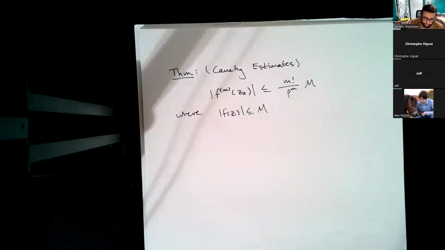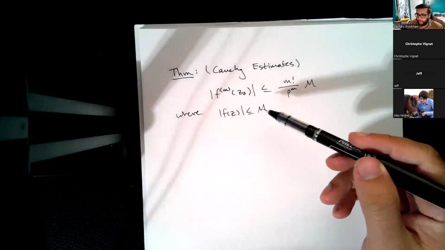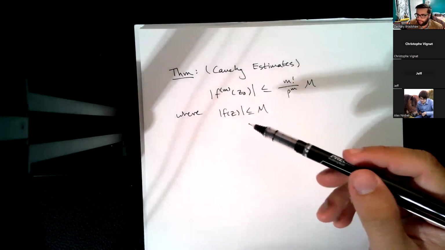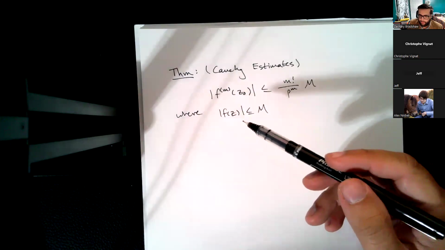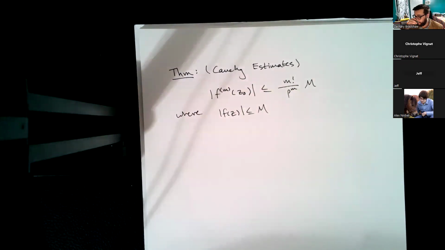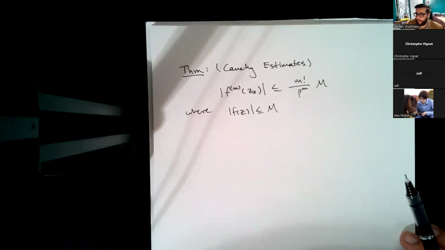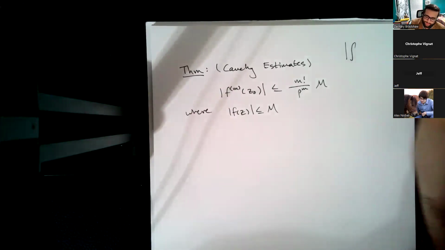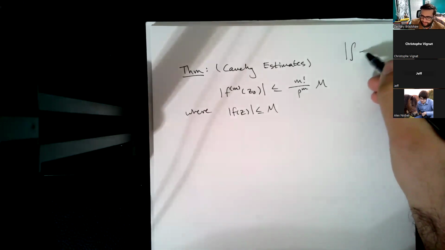Again, we get this just from the Cauchy integral formula, the mth derivative version. You do the same, I want to call that the triangle inequality, because the integral is basically a sum, right?